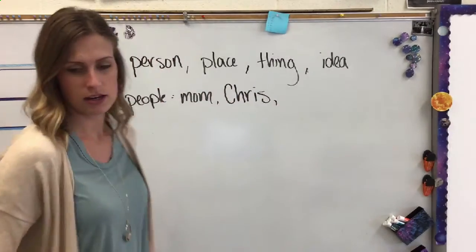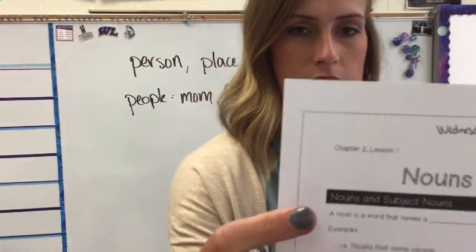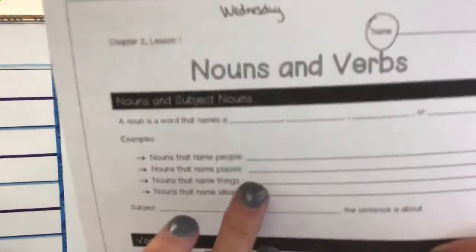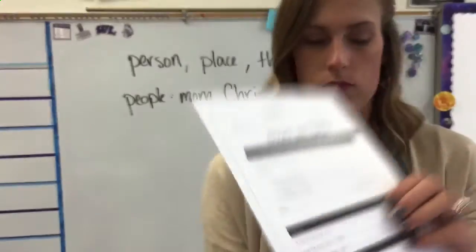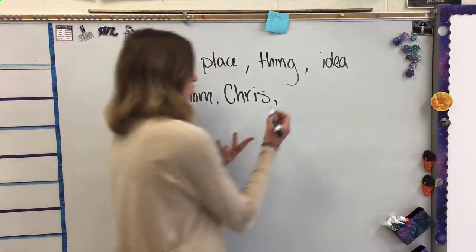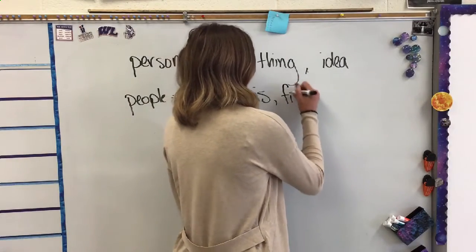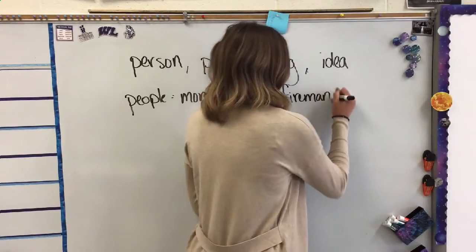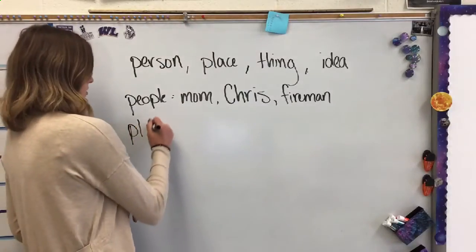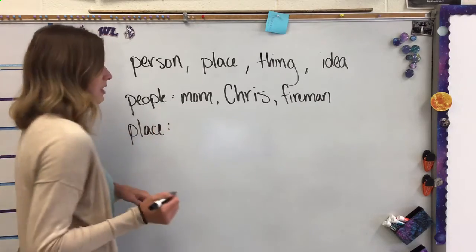You should be writing these on your sheet right here. Nouns that name people, right here. Now, it could also be a person that's like a job. So it could be like a fireman, right? That's a person. Fireman.